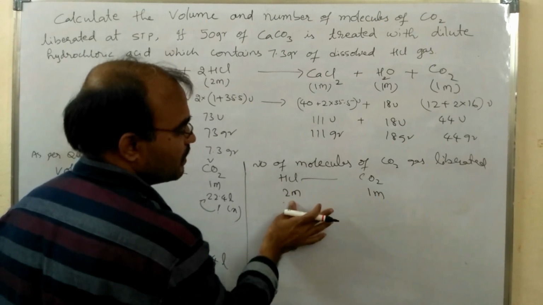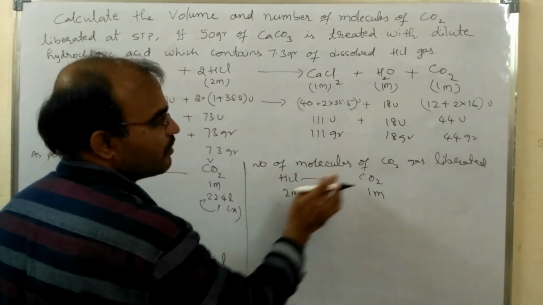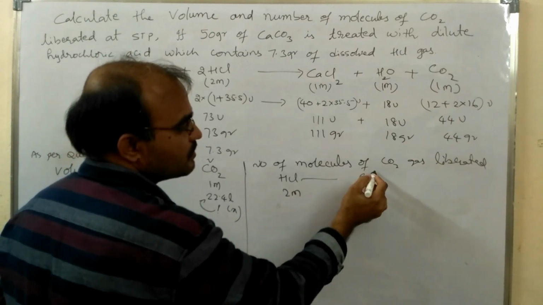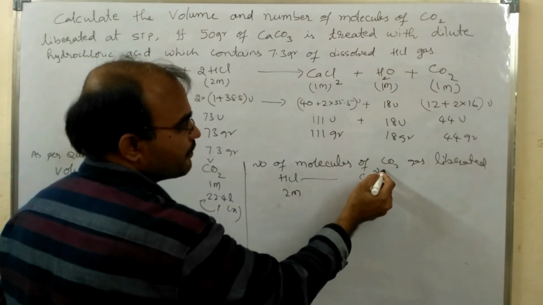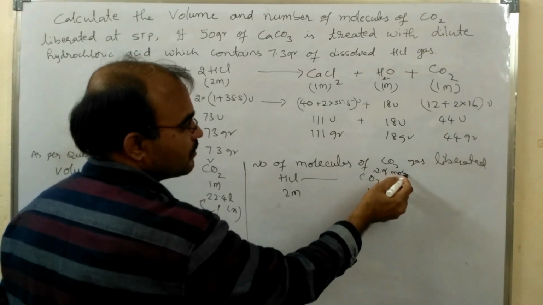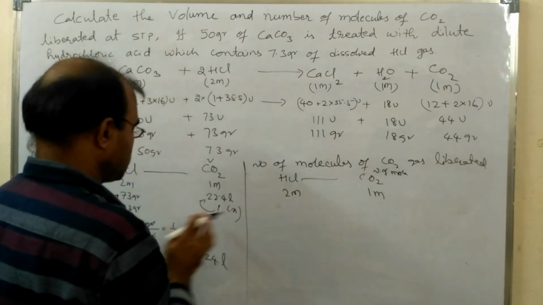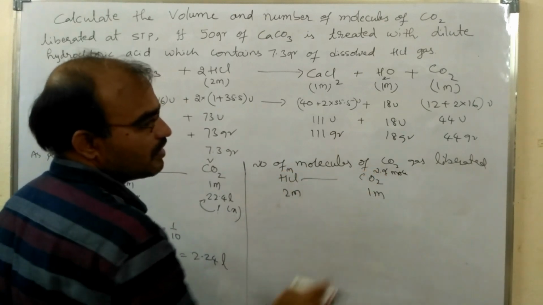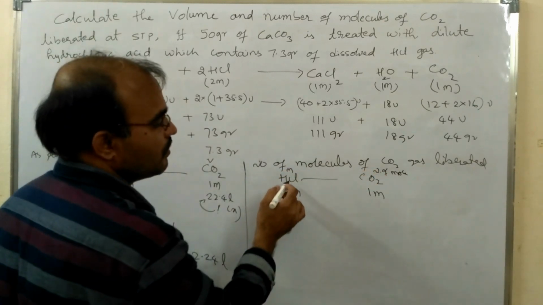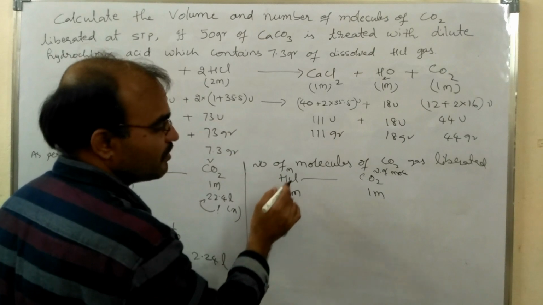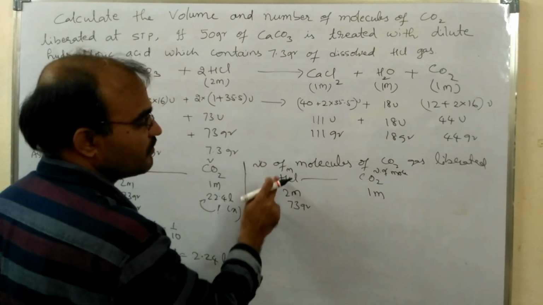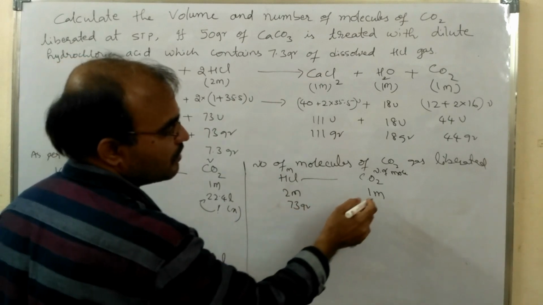So why am I writing 73? Here we have to calculate the number of molecules. So carbon dioxide should be in terms of number of molecules, and we have HCl 7.3, that's mass. So this is a mass versus number of molecules relationship. As we have mass 7.3 grams, you write here 73 grams. 2 moles of HCl has a mass of 73 grams.